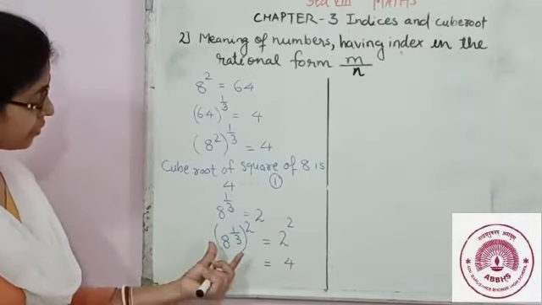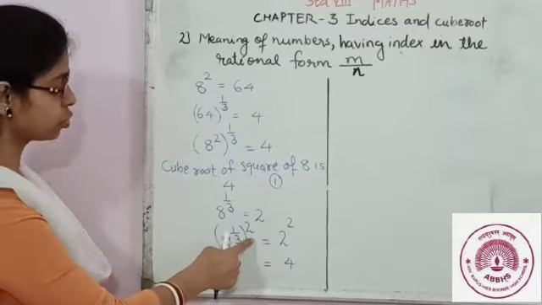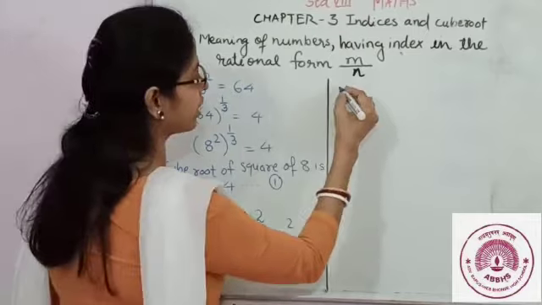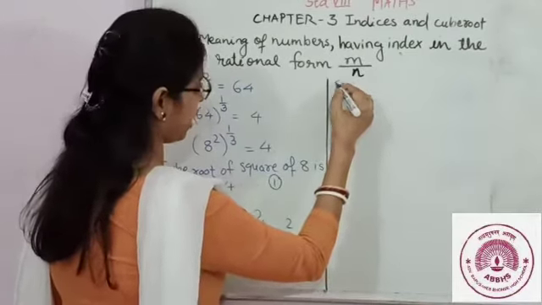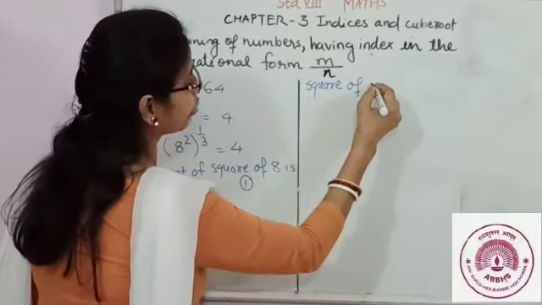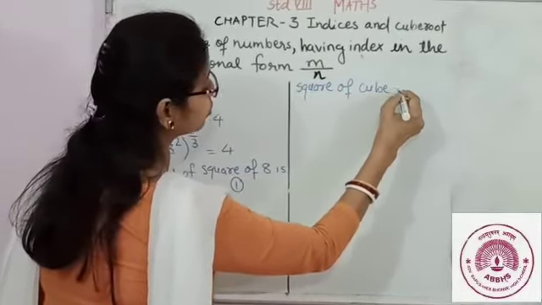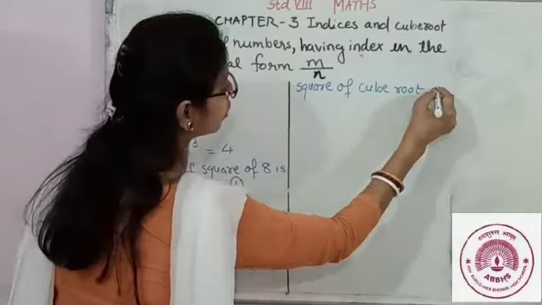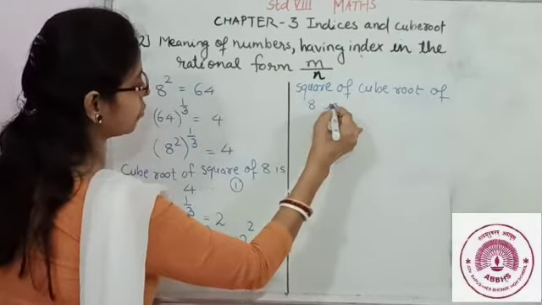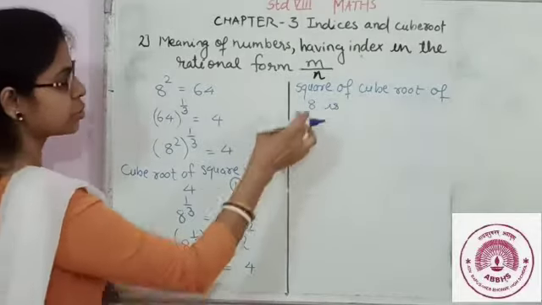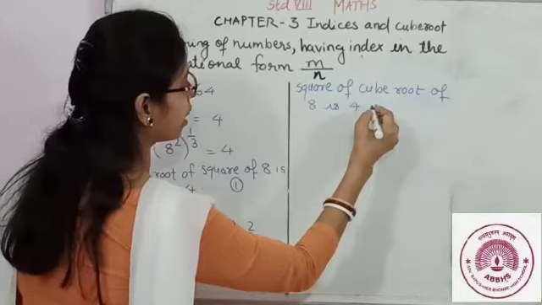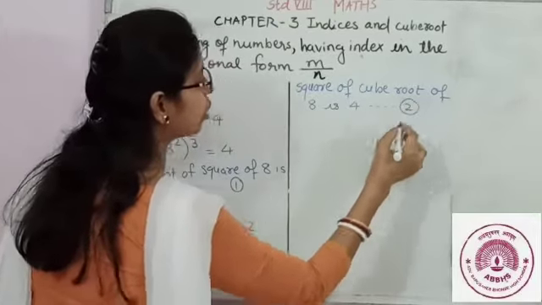Now we can write this as square of cube root of 8. What is the value again? 4. So square of cube root of 8 is 4.